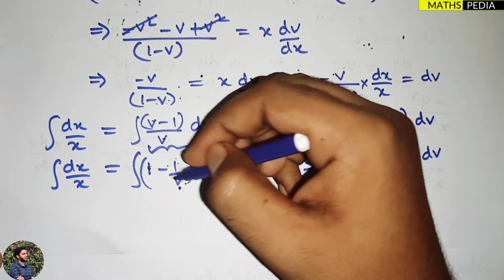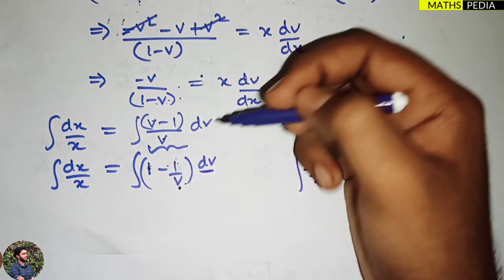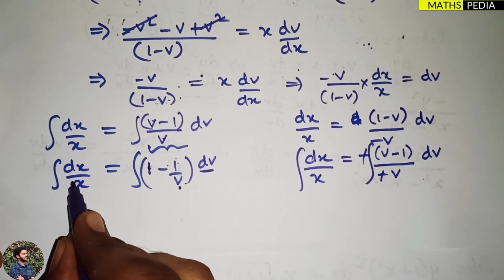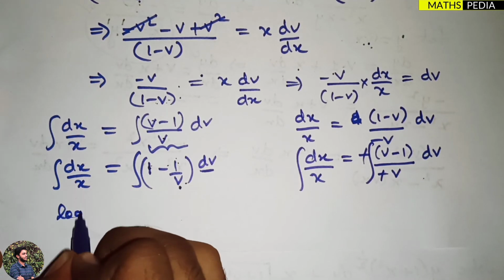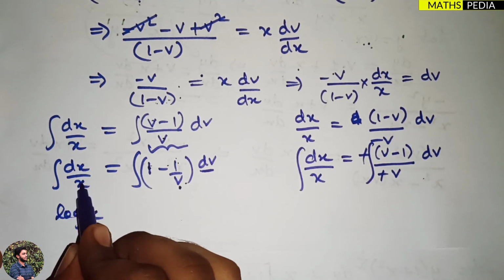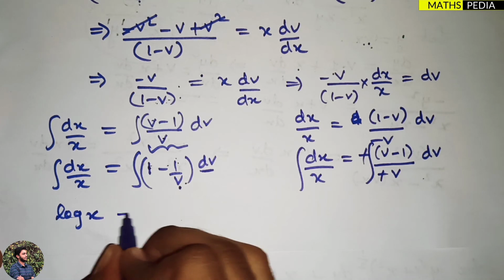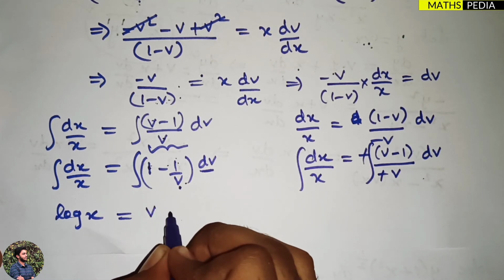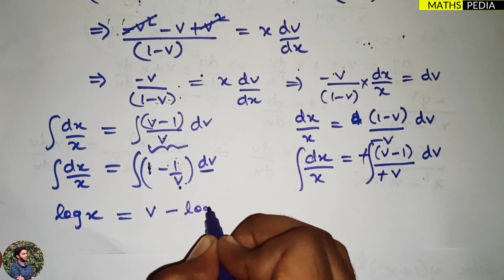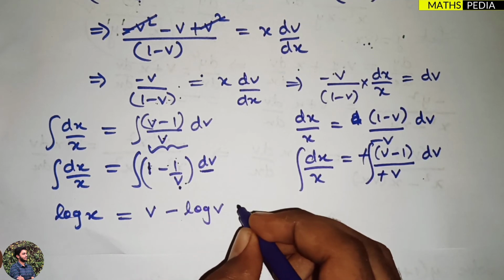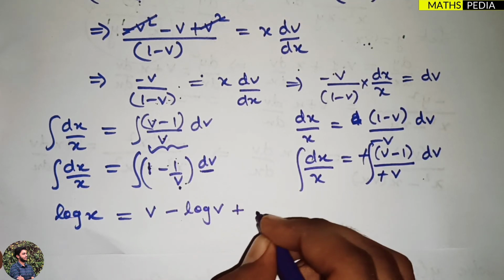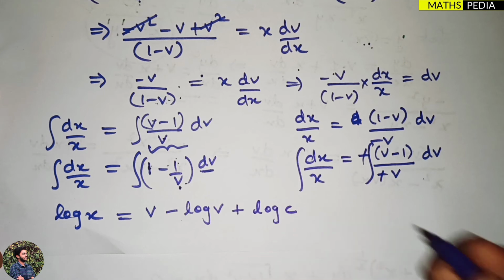When you try to do the LCM thing, you will get this. So I can write this as log x, correct. Integration of dx by x is log x, equal to integration of 1 is v, minus log v for 1 by v, plus what should I add? I'll add log c, an arbitrary constant with log, since there are log terms over here.